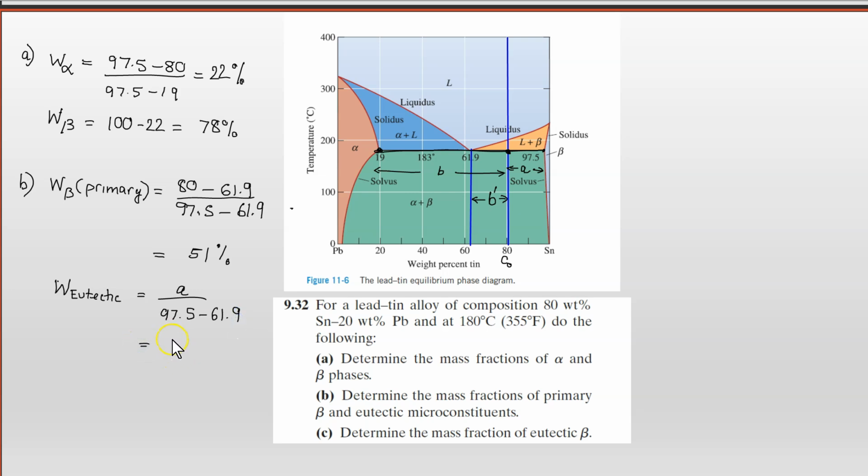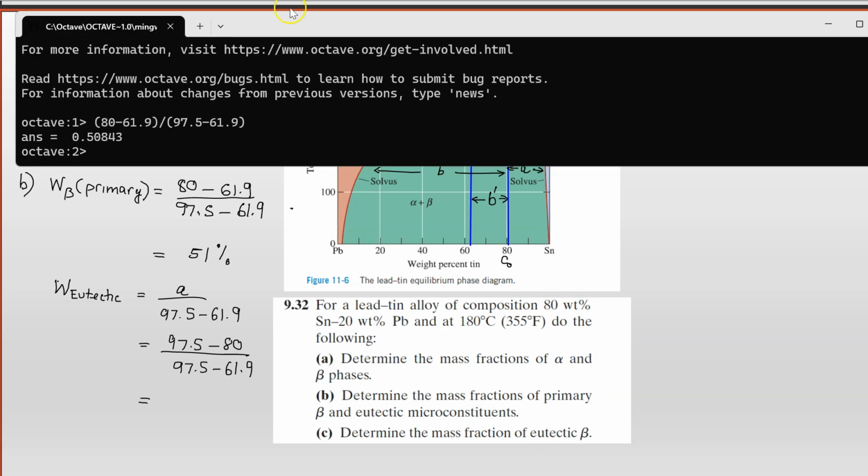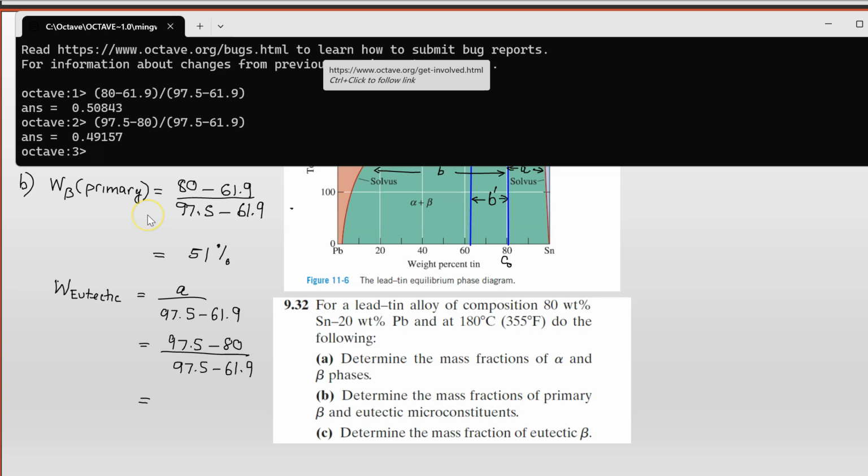A is going to equal 97.5 minus the average composition, which is 80, divided by 97.5 minus 61.9, which gives us 49% as we expected.